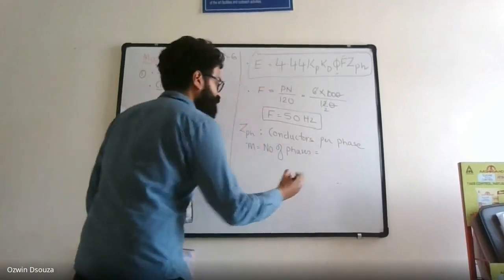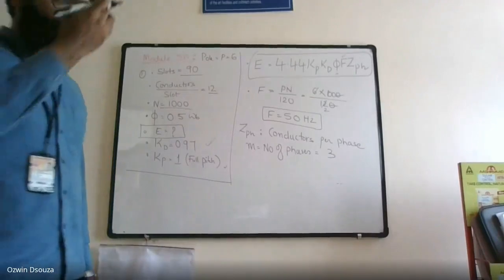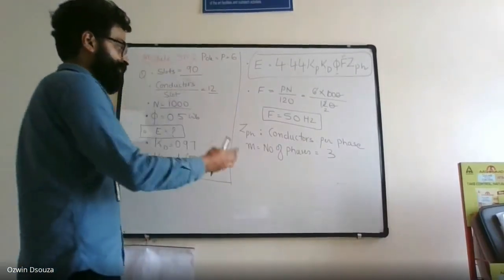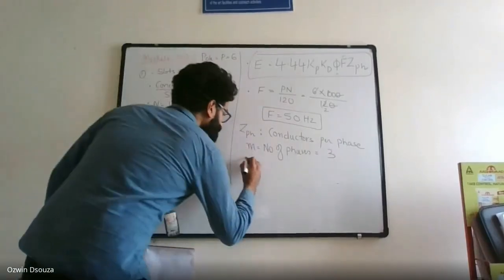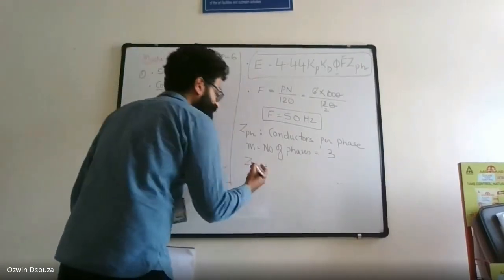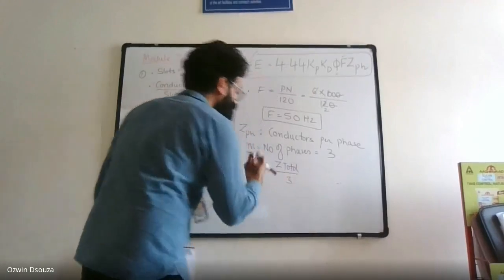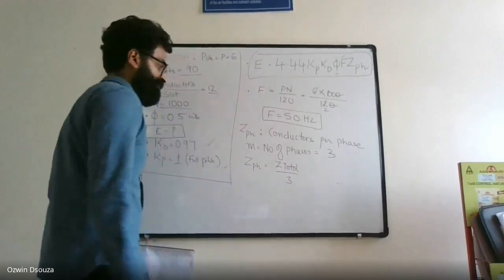Okay. And what is M? It is equal to 3 because there are 3 phases in an alternator: R phase, Y phase, and B phase. So the count is 3. Now Z phase you can calculate with a simple formula: Z phase is equal to Z total divided by 3, where 3 is the number of phases.